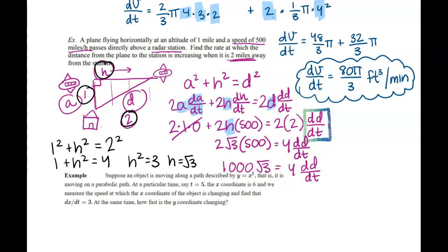So to solve for dD/dt, we can divide both sides by 4. 1,000 divided by 4 is 250. So we end up with 250 square root of 3. And dD/dt equals 250 square root of 3, and our units were miles, and it's distance, so it's just miles per hour, mph, however you want to write that.